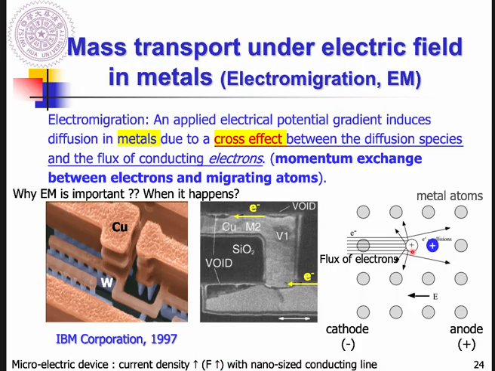So you will have more and more void formation inside the conducting wire. Because you get lots of voids, the reliability of the device will be affected. This is why EM is so important.